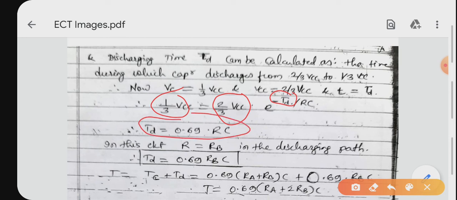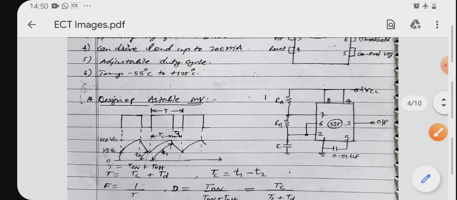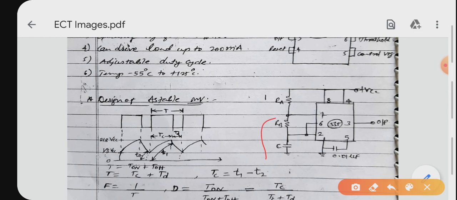In this circuit, that R is nothing but RB now, because during the discharge, as I have shown you, the discharge path is through pin number 7, and only RB is in the discharge path. The capacitor discharges through the internal transistor.